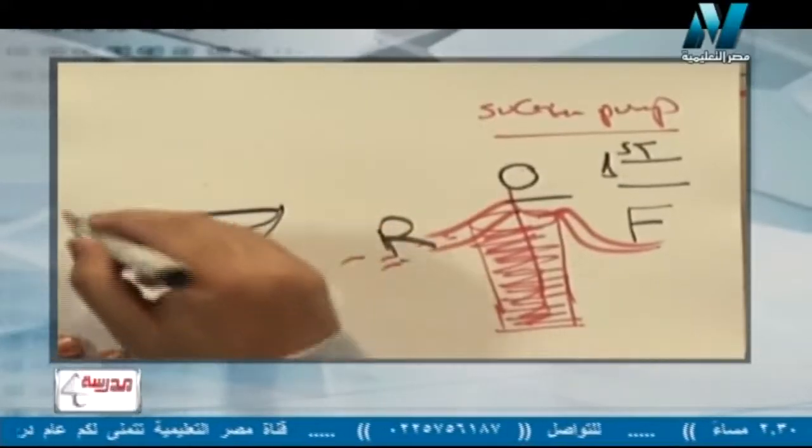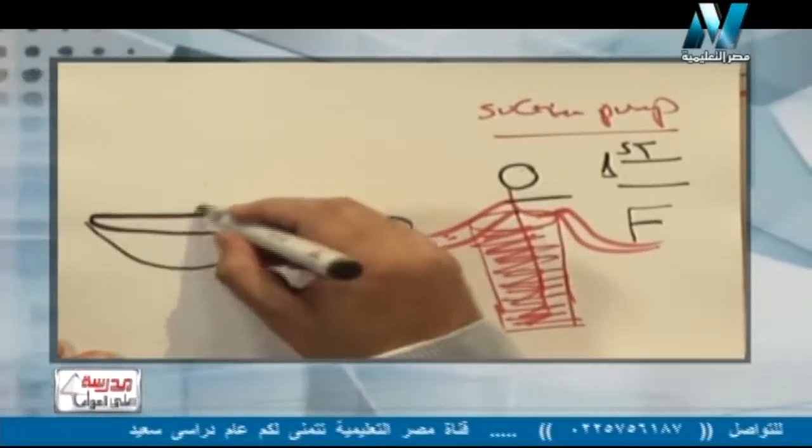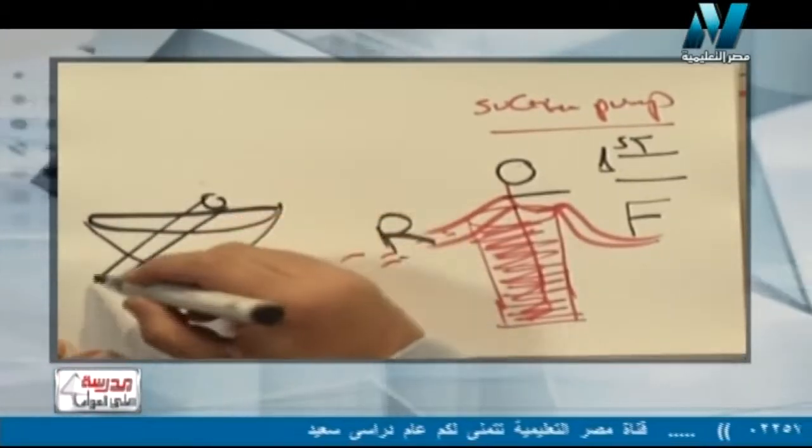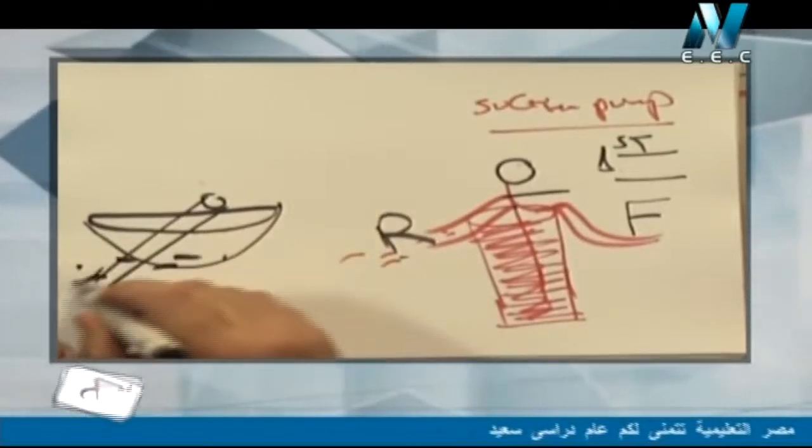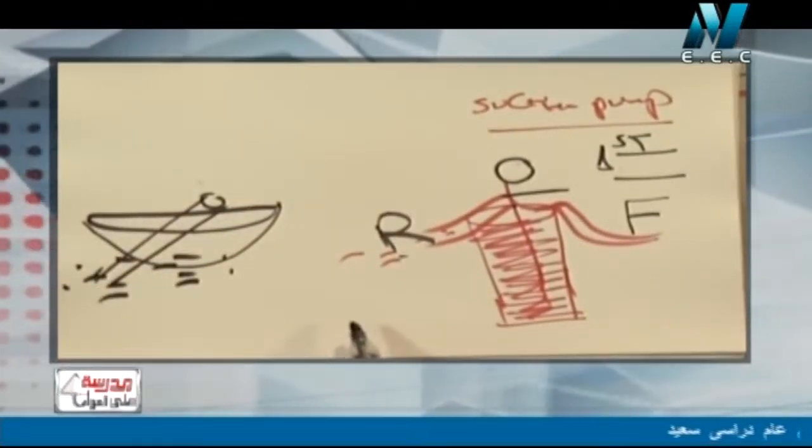So another example is the paddle, أو مجداف, of the ship or of the boat that we use to sail in the sea or in the river. I can draw it for you. Imagine that I have a small pot like this, and I have a paddle like this, okay, and some water. Okay, so where is the effort force?